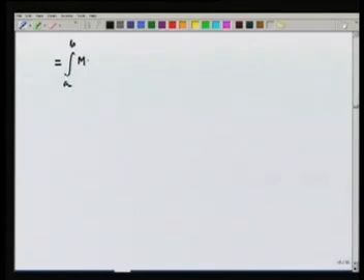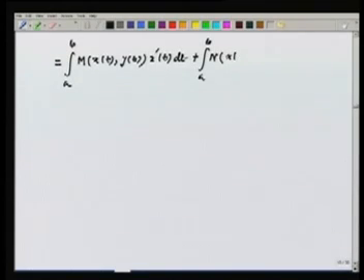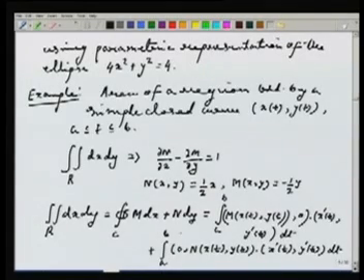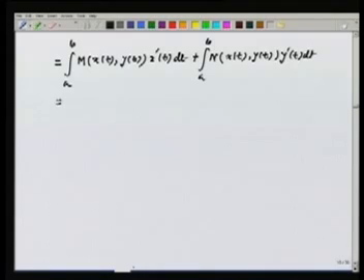This is the integral from a to b of M(x(t), y(t)) times x'(t) dt plus the integral from a to b of N(x(t), y(t)) times y'(t) dt. Now I will apply the definition of M and N, which I anyway know, that N(x(t), y(t)) is half x(t) and M(x(t), y(t)) is minus half y(t). So I am going to apply that.